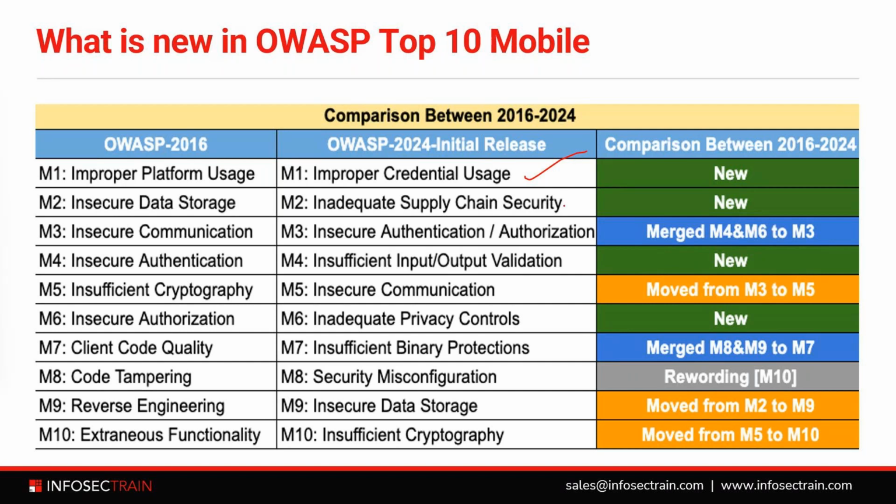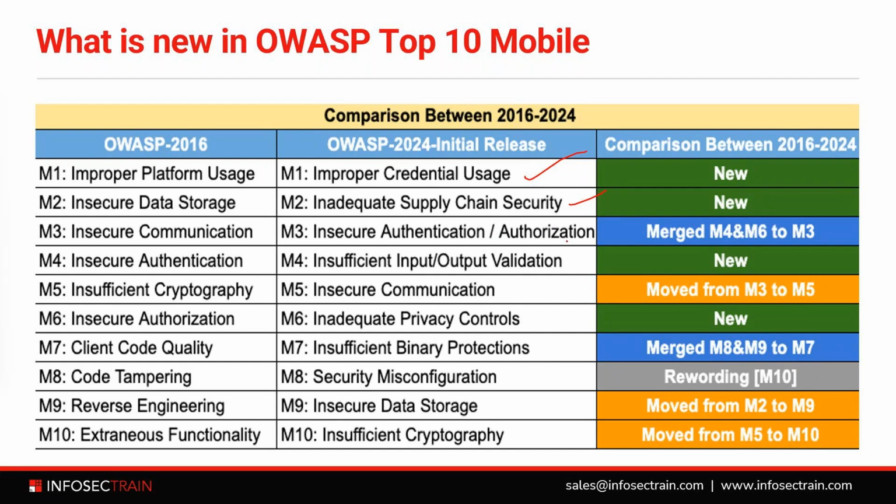Then inadequate supply chain security, like if that application is connected to some other application, right? That can be a problem, right? So supply chain attacks can happen, right? So if that application is connected to any cloud, and that cloud provider got compromised, so your application and all the users who are using that application may get compromised, so that's a problem, right? So these two are new.